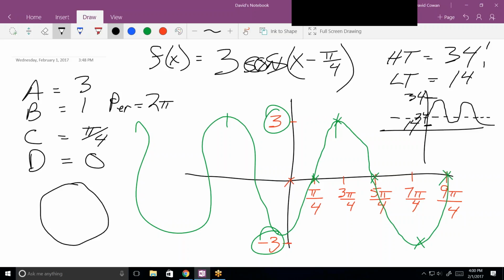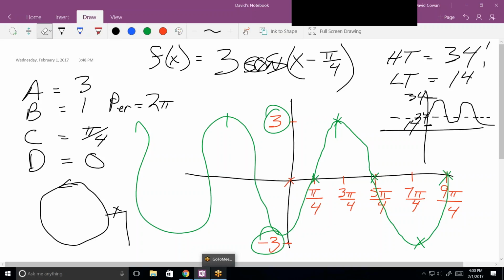When you get on a Ferris wheel, let's say the steps are right there, and you get on that Ferris wheel and it's rotating like that. Well, notice what you do. You go up to a peak, then you go down to the 0 point, and then you go down to the low. Well, what is that? That's a sine function that does that. But what if I were to get on the Ferris wheel down here?